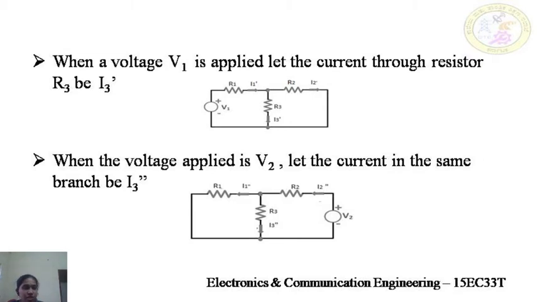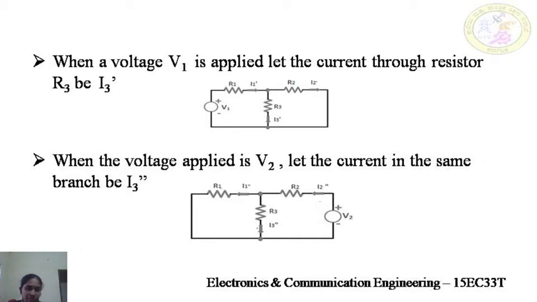When a voltage V1 is applied across the network, let the current through resistor R3 be I3 dash. When the voltage applied is V2, let the current in the same branch be I3 double dash.